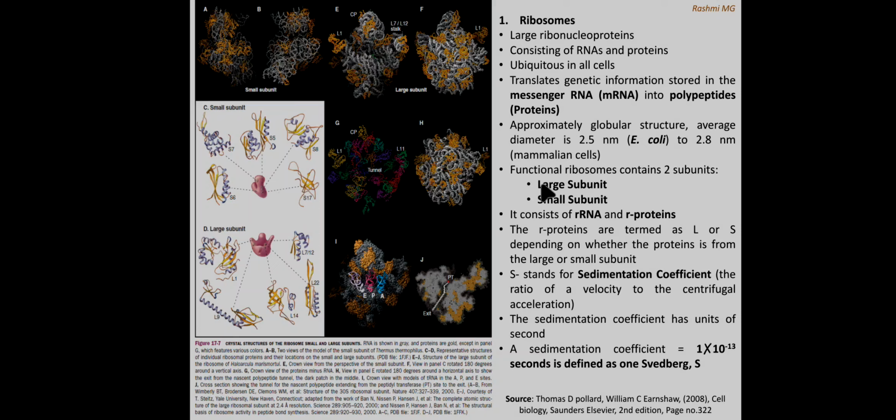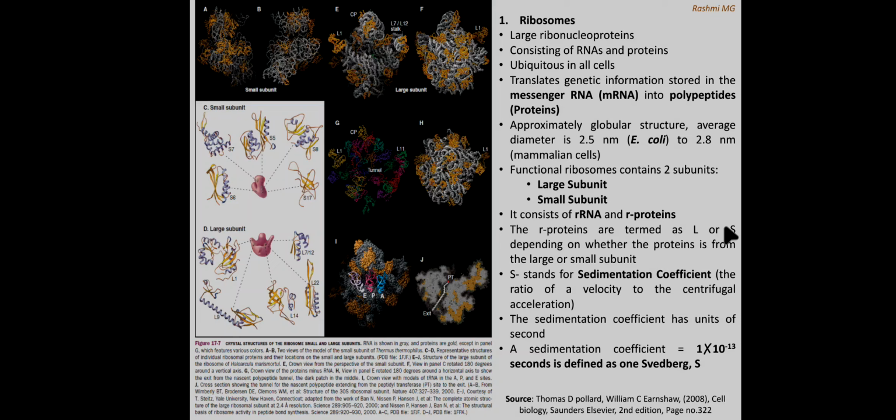And also if you look inside the structure, there is a large subunit and a small subunit. The ribosome is made up of two subunits, large subunit and small subunit. The protein which is present in the large subunit is known as L protein, and the protein which is present in the small subunit is known to be S. Here you can see S stands for sedimentation coefficient.